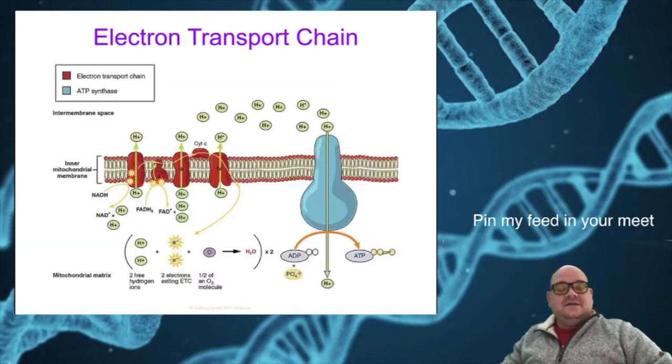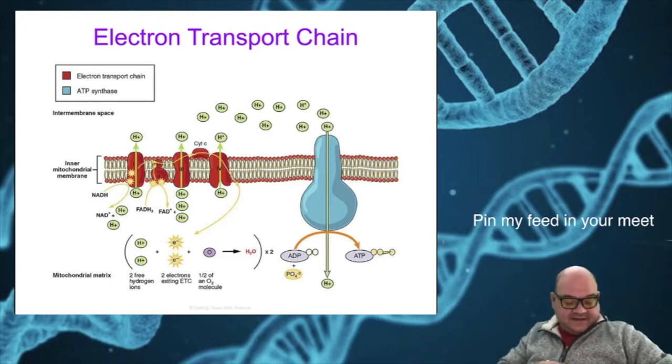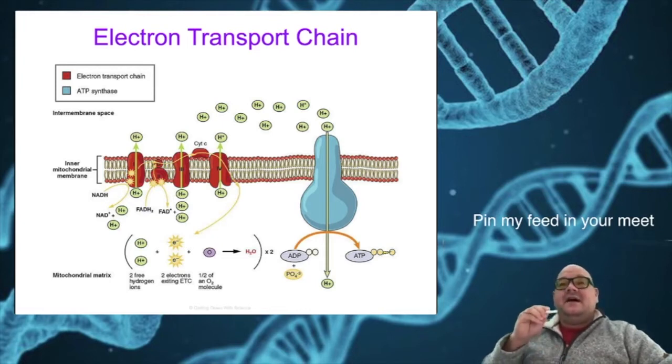Okay. So what do we get here? If you look at the electron transport chain, it is multiple steps in these transport proteins on the mitochondrial matrix membrane.